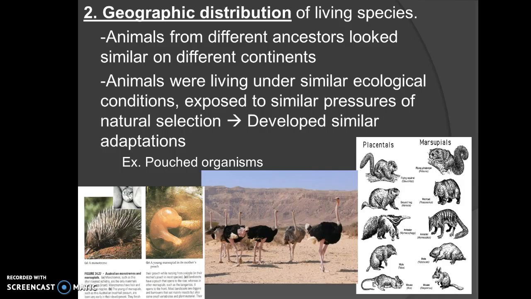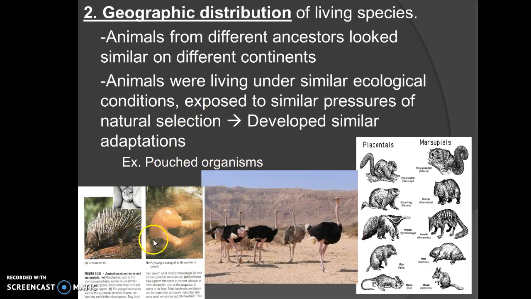Well, they all are adapted for flight, and they all have the pressures in the environment for flight. So animals were living under similar ecological conditions, and we call those similar pressures of natural selection. And so nature was selecting those that are best fit with those adaptations for their environment, allowed to survive and reproduce. So those are similar adaptations.